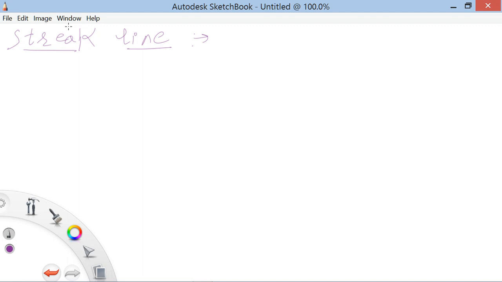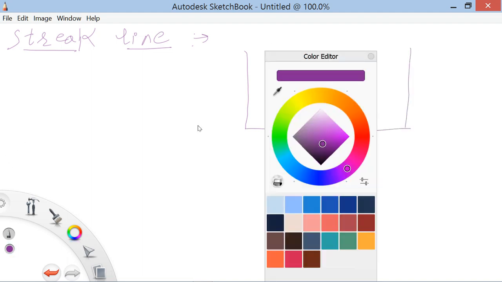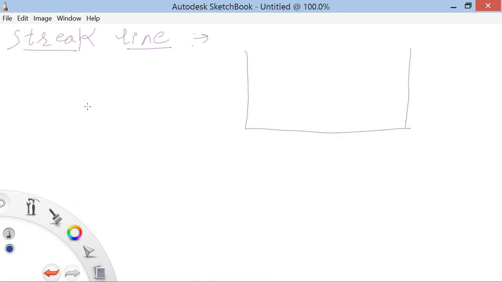Now diagrammatically we can show it like this. Suppose that these are the fluid particles. Now these are flowing in these directions.